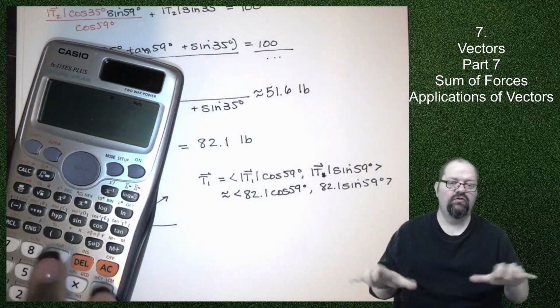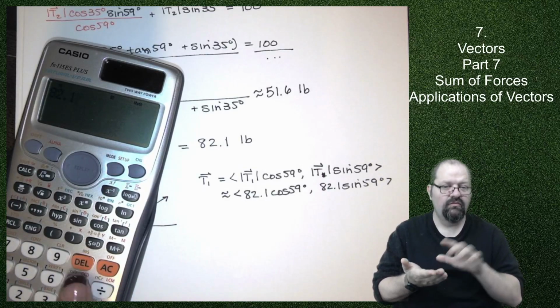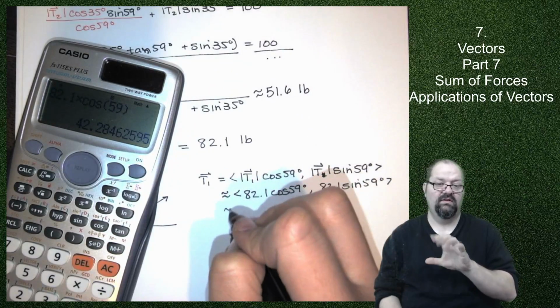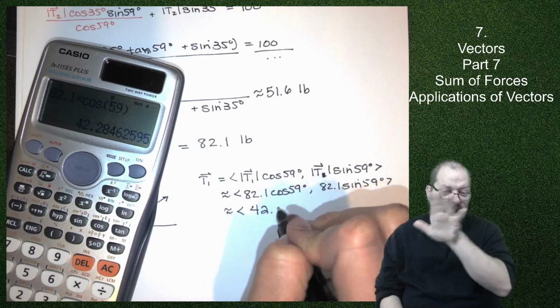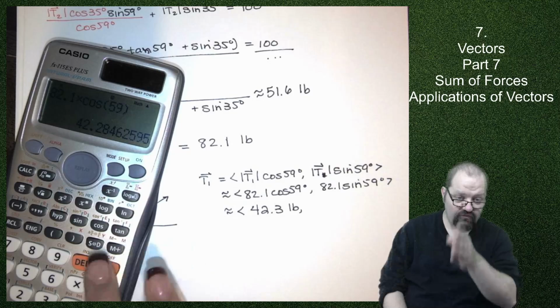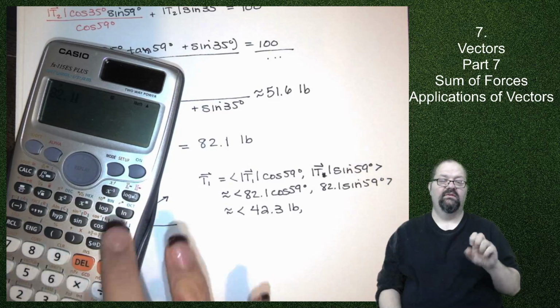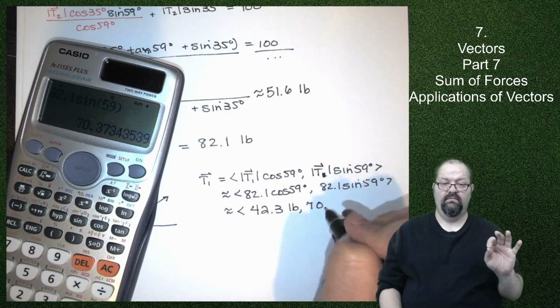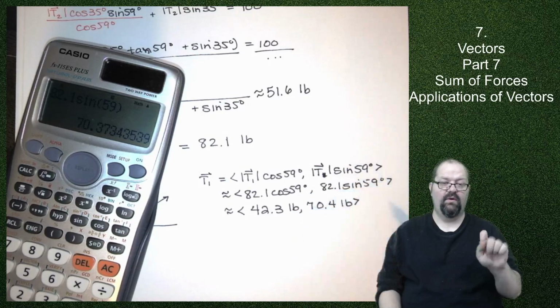So let's figure that out. Approximately 82.1 times cosine of 59 is approximately 42.3 pounds in the x direction. And then I've got that times sine of 59, approximately 70.4 pounds in the y direction.